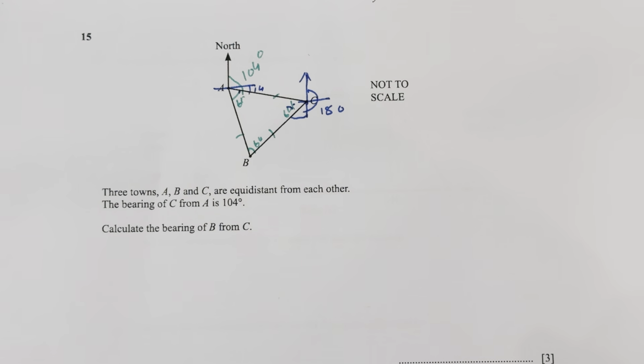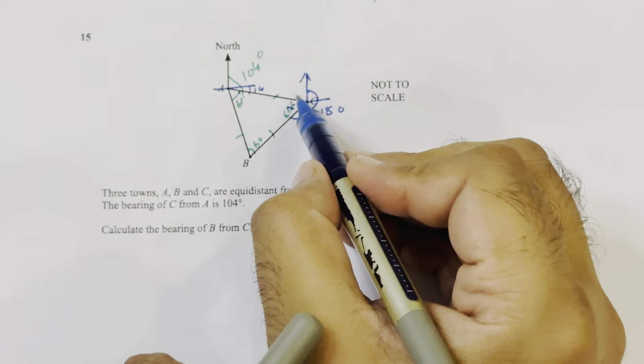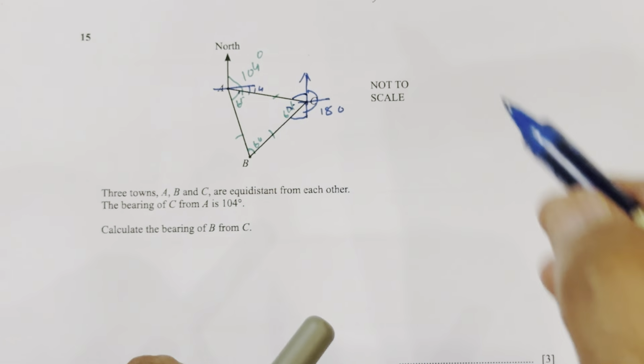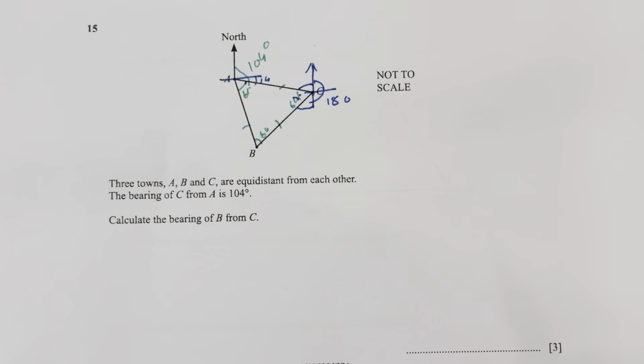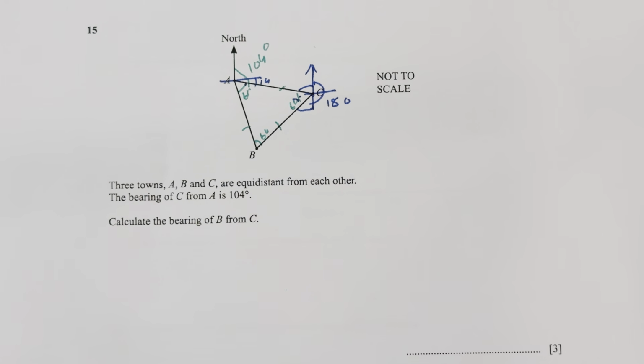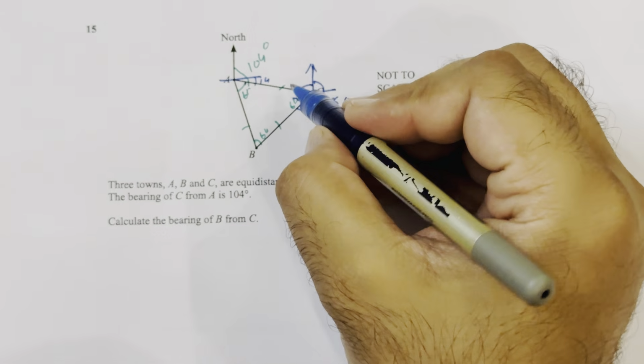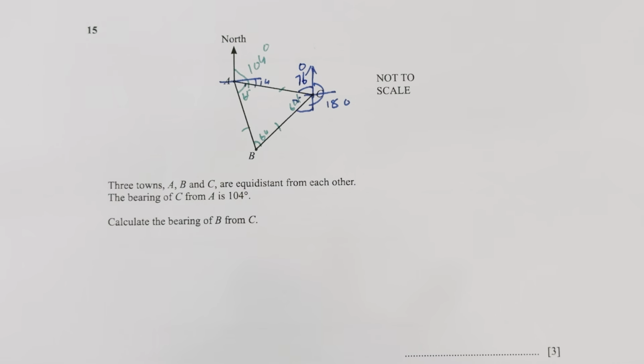plus 14 is equal to 74 degrees, and this angle we're going to calculate, that is equal to 76 degrees. This angle would be 76 degrees.